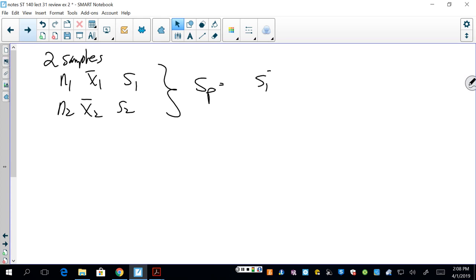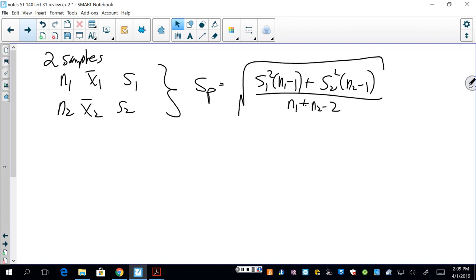So take s1 squared times n1 minus 1, plus s2 squared times n2 minus 1, over the sum of those 2 degrees of freedom, and the square root of all that to get back to standard deviation. The degrees of freedom you use for this one is n1 plus n2 minus 2, the same as that denominator.